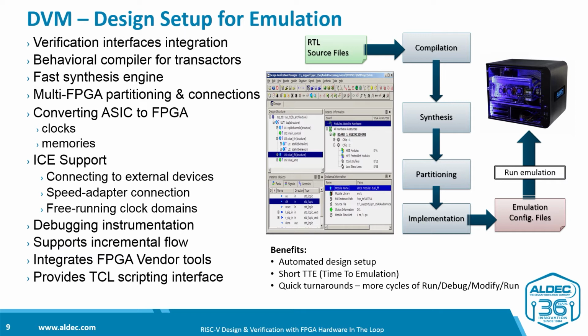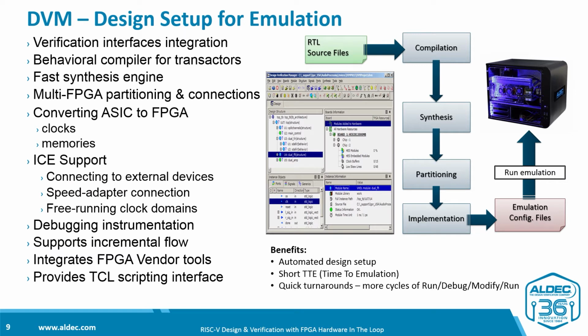The entire setup flow is incremental. So the incremental setup flow allows you to save the DVM project at any stage and reload it if required. That works even if you change design sources, so you don't need to recompile entire design, but only the changed modules.